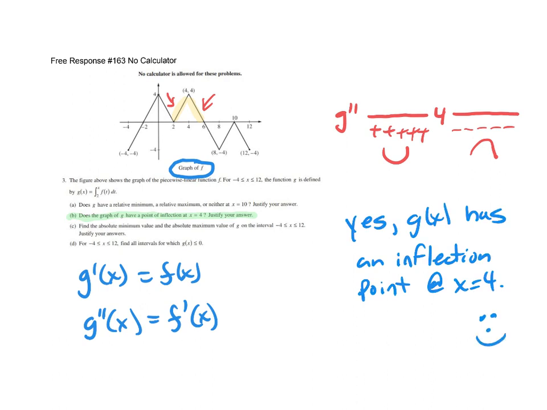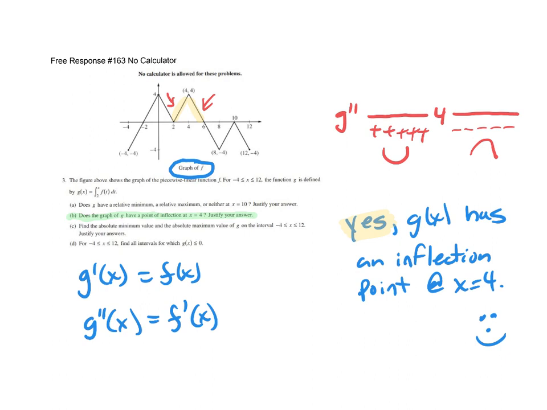Yay! Okay. We figured out how to make the sign diagram of the second derivative, and then we discovered that, yes, we do have an inflection point. And we've justified our answer here, both with our calculations and with this awesome sign diagram.